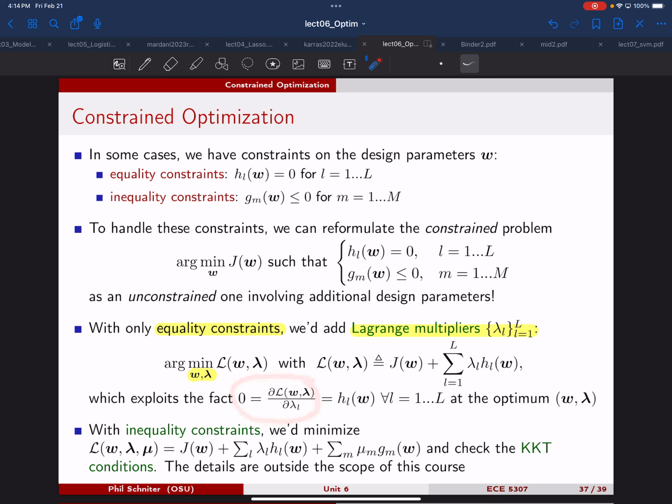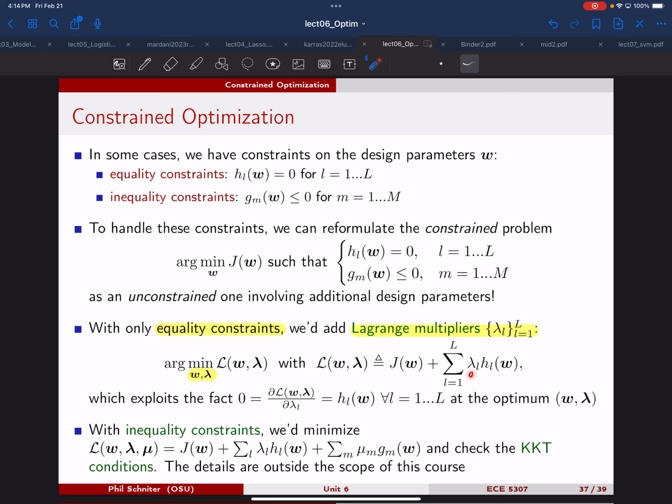So imagine that you do that with lambda_l. You set the gradient of this to 0. When you compute the gradient of this, you'll just get the function H_l. And when you set that to 0, you get exactly the constraint you want to satisfy. So that's why this works.